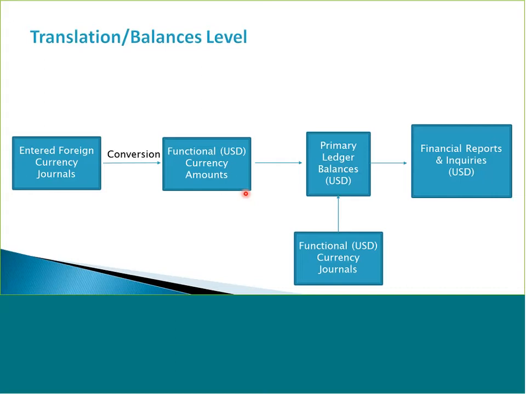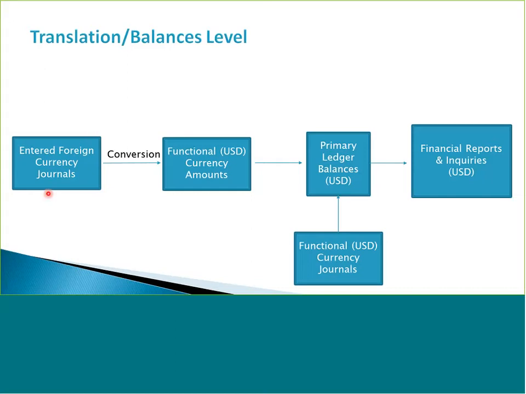So what we have displayed on this slide is something we have already covered. We usually enter journals. So let's start from here at the bottom. We enter journals in functional currency, and then we post the journals. And when we post the journals, the balances are updated, and then we can do financial reports or do inquiries in the functional currency.